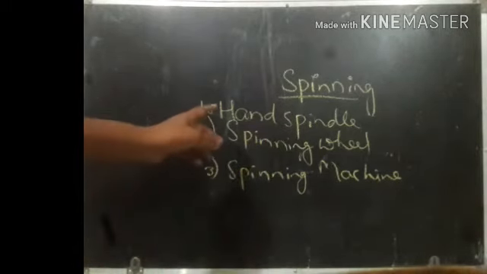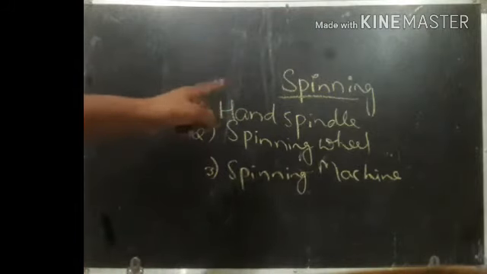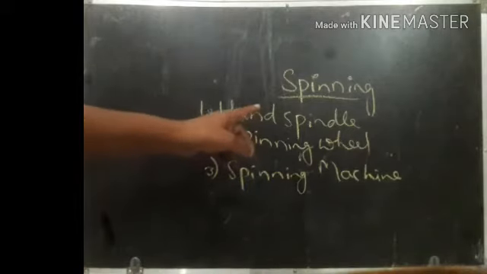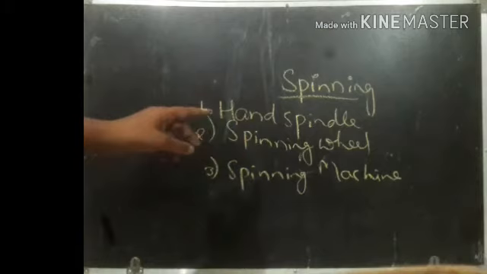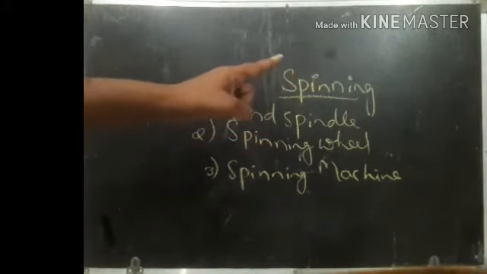Let us take the first one, that is the hand spindle. Hand spindle is a device which is also called takli in Hindi. You could see the picture, right? This is what we call takli.